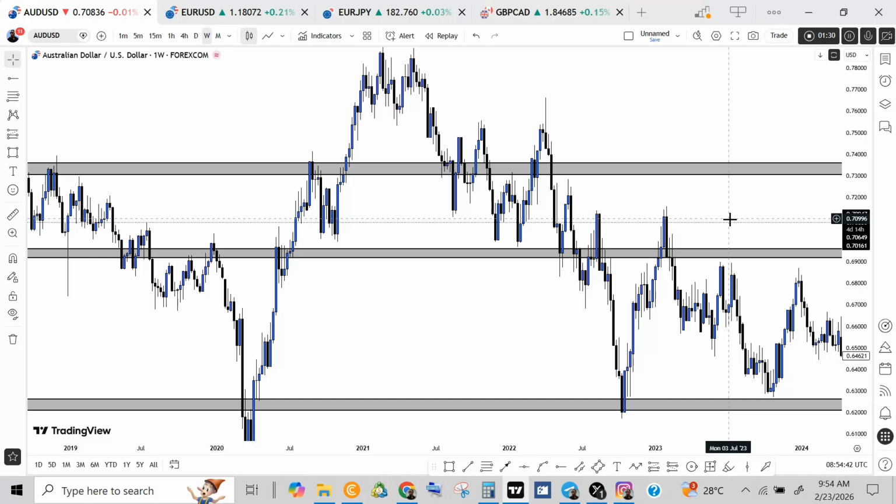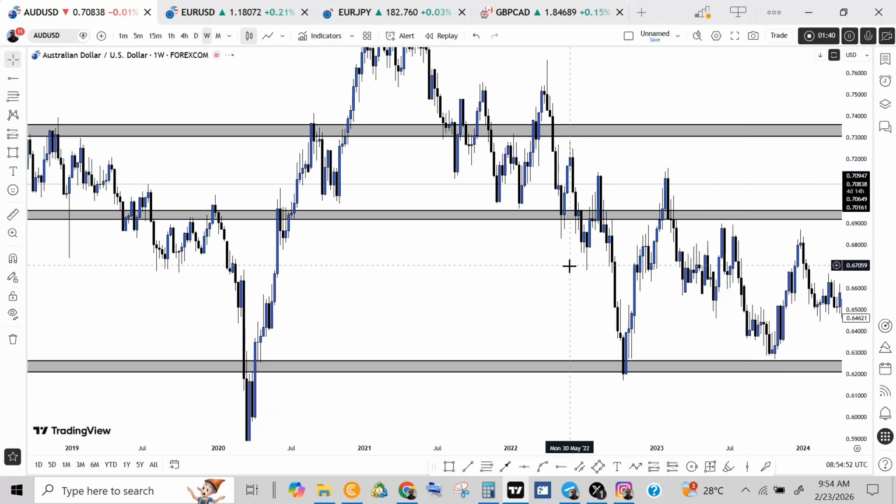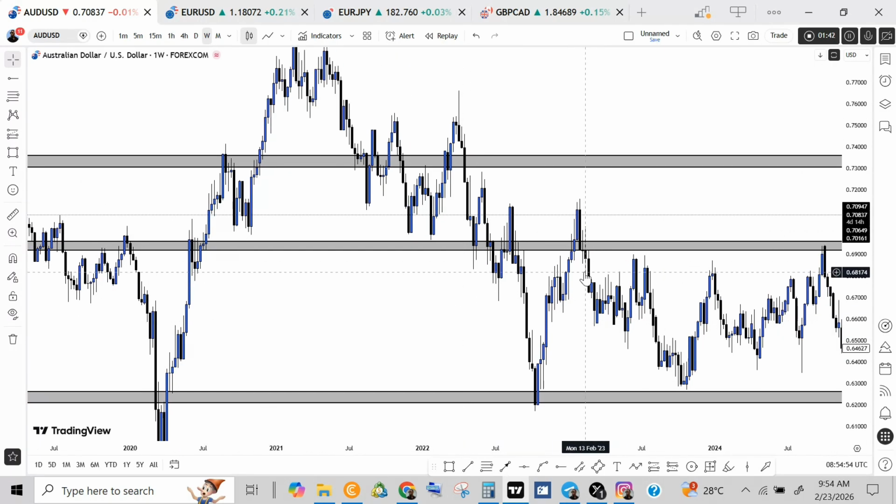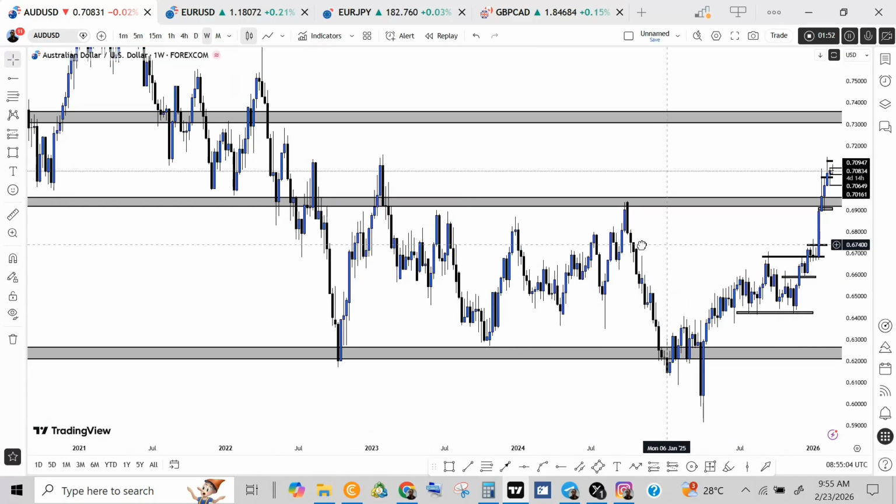But multi-time frame analysis simply means analyzing the market from different time frames. That is, you're not focused on only taking trades on one time frame. You're focused on doing it on more than one time frame: two, three, four, five time frames. That is multiple time frame analysis.